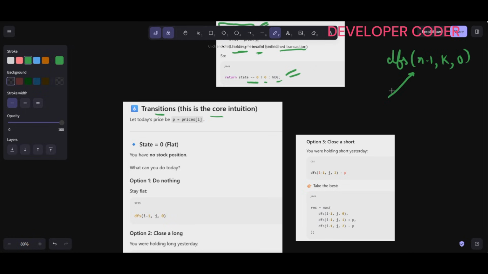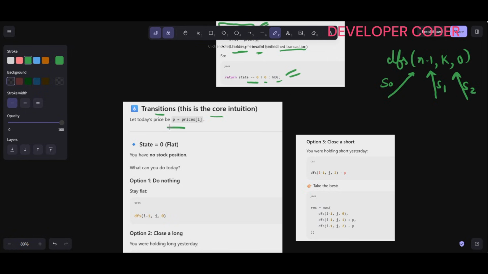You may reach this state using state 0, or you may reach here using state 1, or using state 2. These three are the choices in backward direction. So that's what we are going to see.